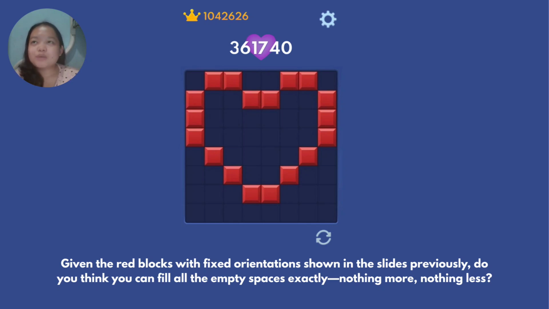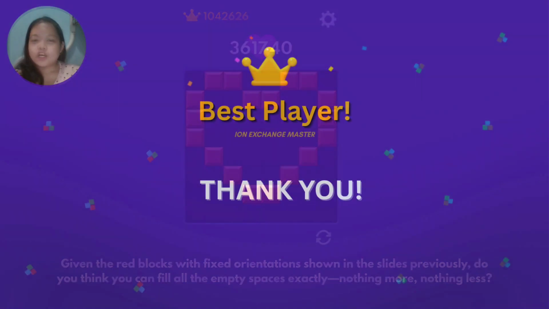So, dapat yung mismong orientation na nakalagay dun sa bawat nakasingit sa slides na red blocks ay sakto siya dun sa mga empty spaces. So, ang sasagot nyo lang dun sa quiz namin if nalagay siya dun is yes or no. So, yan. Good luck sa pag-fill ng bonus quiz and sana tama ang inyong masagot.